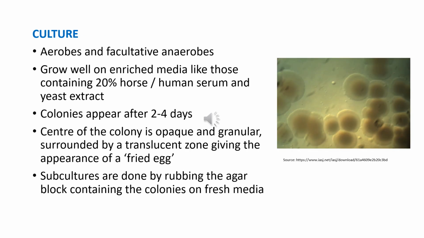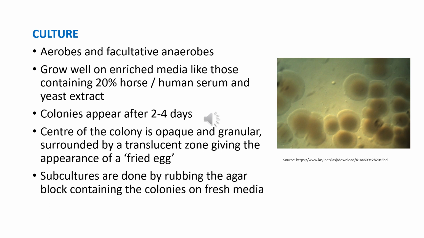Culture. Mycoplasmas are aerobes and facultative anaerobes. The optimum temperature range for growth of mycoplasma is 35 to 37 degrees Celsius. They grow well on enriched media like those containing 20% horse serum or human serum and yeast extract.